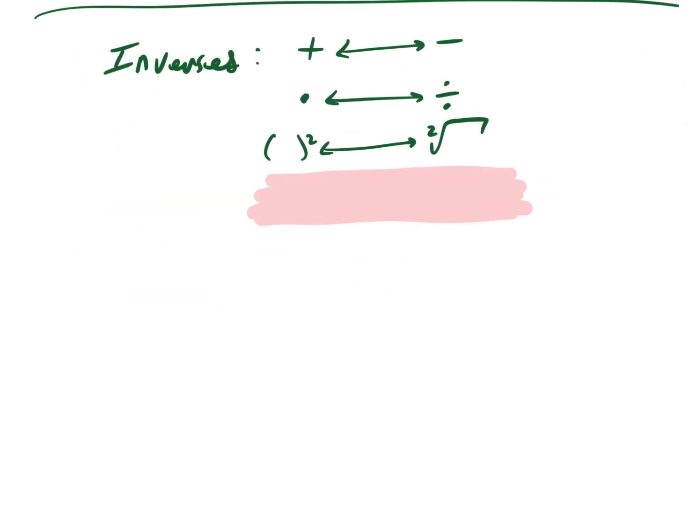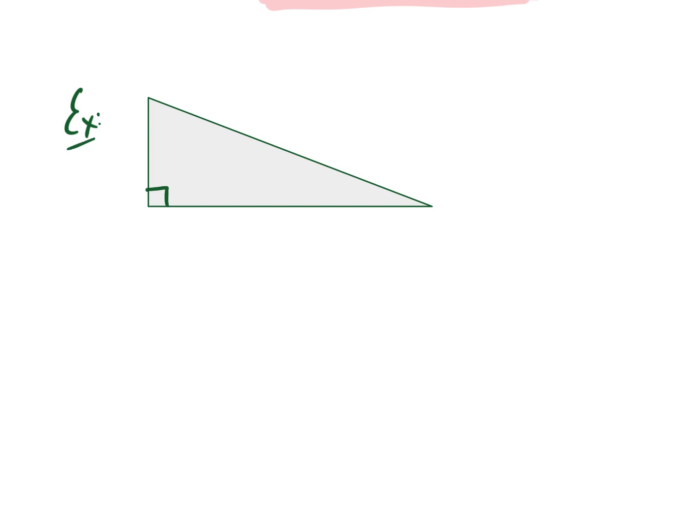All right, so I'm going to give you a triangle. Let me draw a decent triangle out here. The information we're going to put in the triangle is that one of the angles is 90 degrees, and then we're going to tell you two out of the three sides.